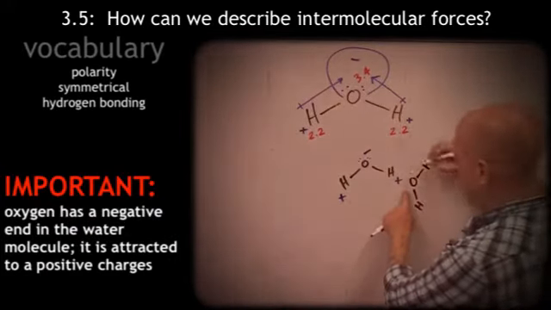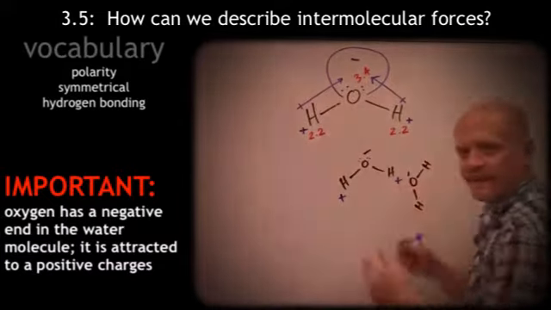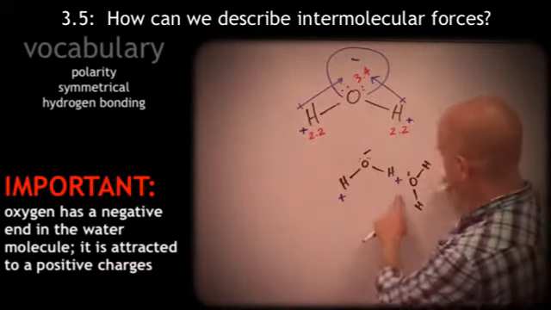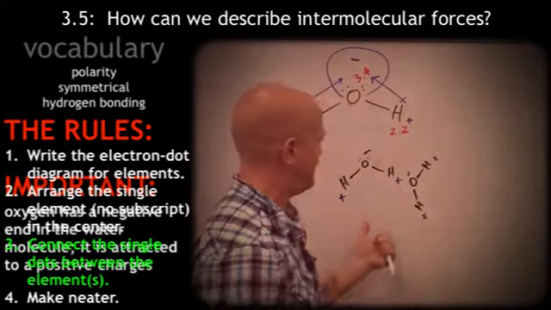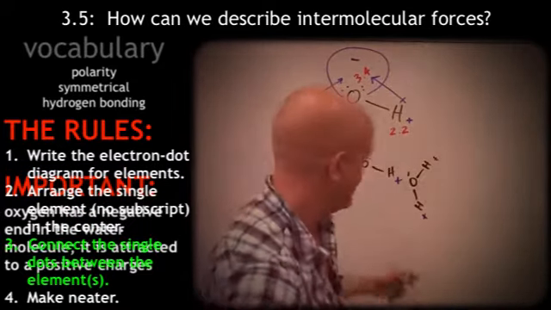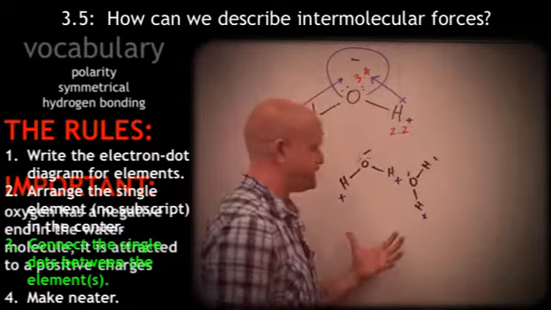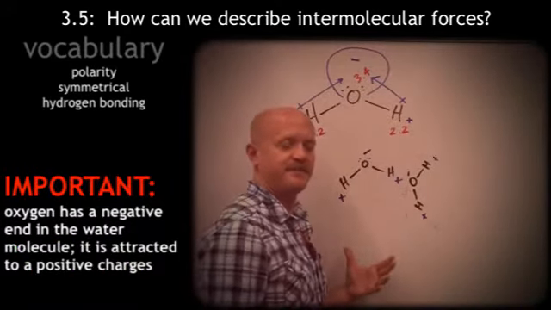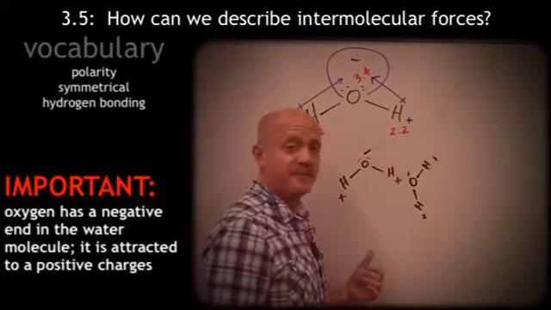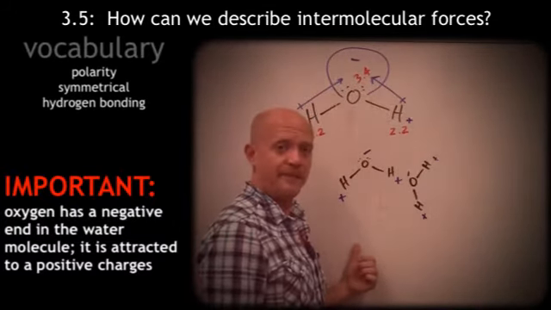The negative ends of the oxygen are going to stick to the positive ends of the hydrogen, and you're going to have a big giant network of connected compounds. Because of this is why water has many of the characteristics that it does have.